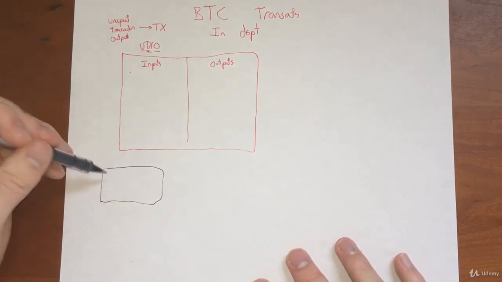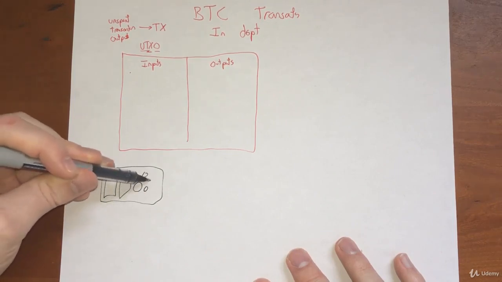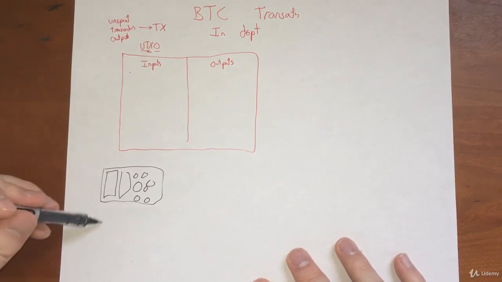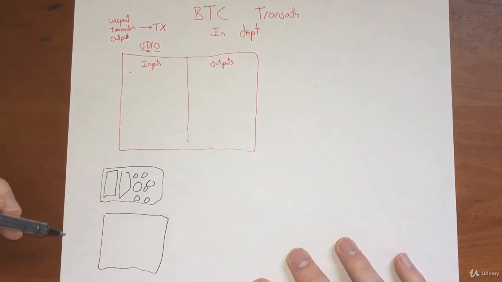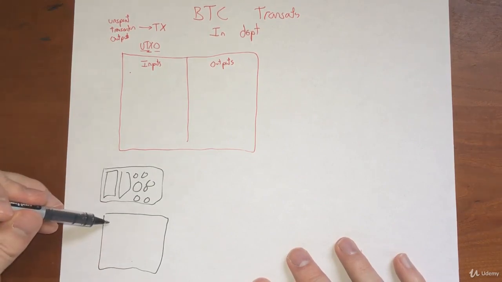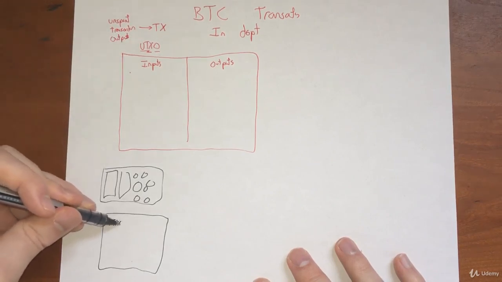in a physical wallet, you have paper money, and then you have a bunch of coins of various sizes and values. In a Bitcoin wallet, it doesn't actually store individual whole Bitcoins. What it does is it stores UTXO of various sizes.